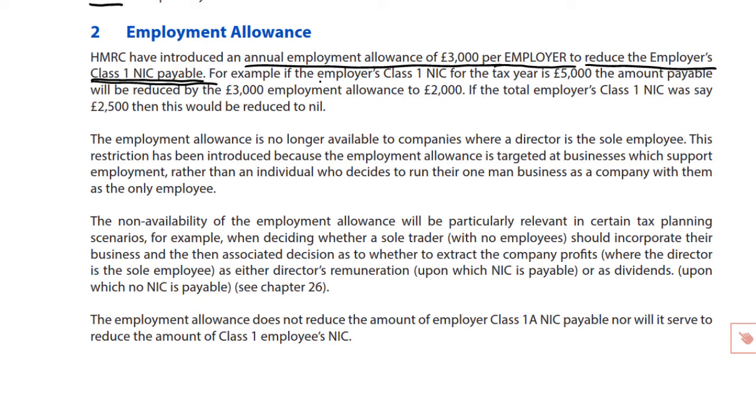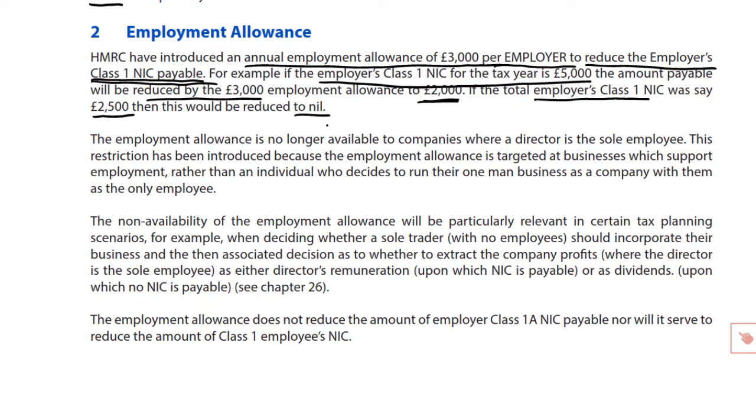So, very obviously, if the employer's Class 1 NIC for the tax year was £5,000, the amount payable reduced by the £3,000 employment allowance, the company or the employer, might be an unincorporated trade, would then only have to pay £2,000. If, of course, the overall employer's Class 1 NIC for the year was less than £3,000, say £2,000, then that would simply be reduced to nil.